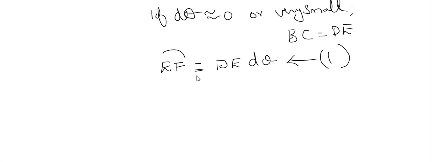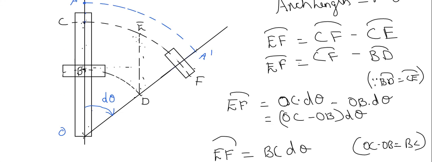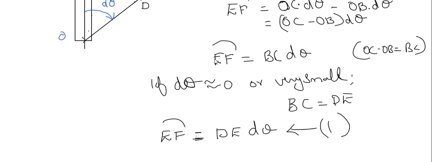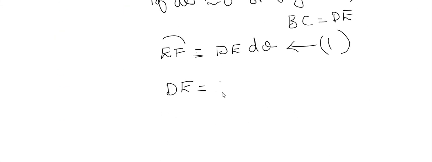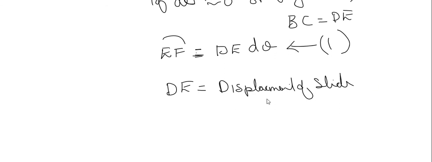Now we know, what is DE? DE is nothing but the displacement of the slider in vertical direction. We know velocity is equal to displacement by time, so I am not going to write it.